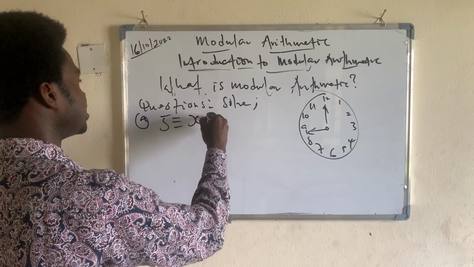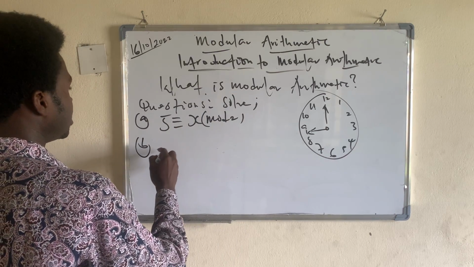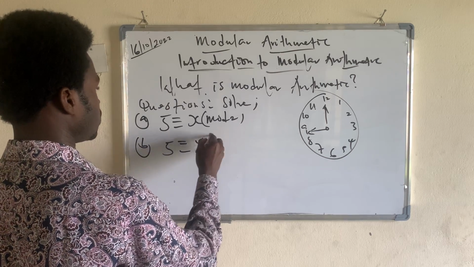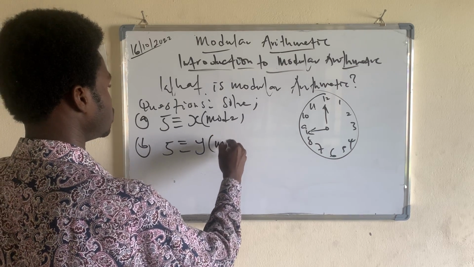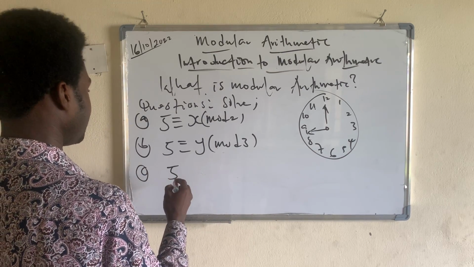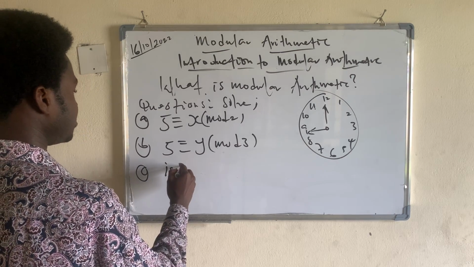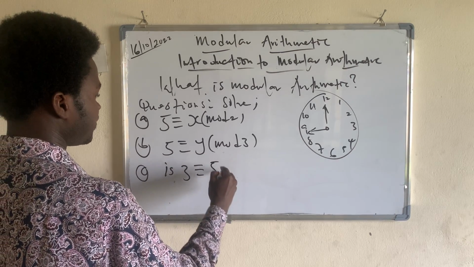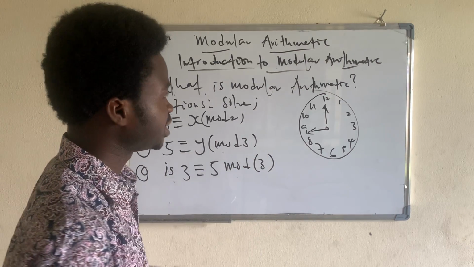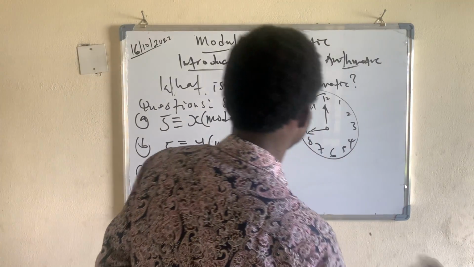Let the value be x in mode 2, and let B be that 5 is congruent to y in mode 3. Let's quickly solve this and see how we deal with modular arithmetic.